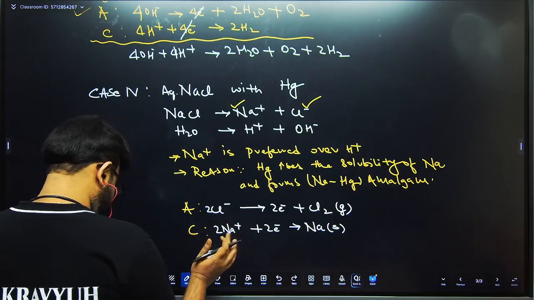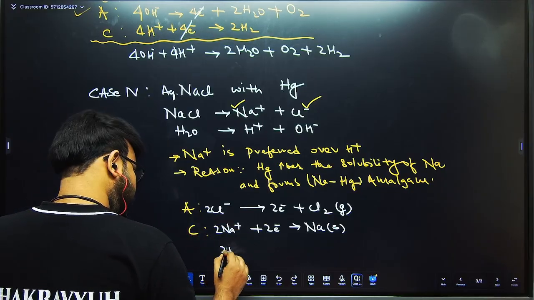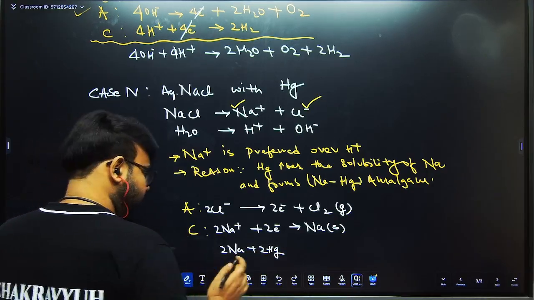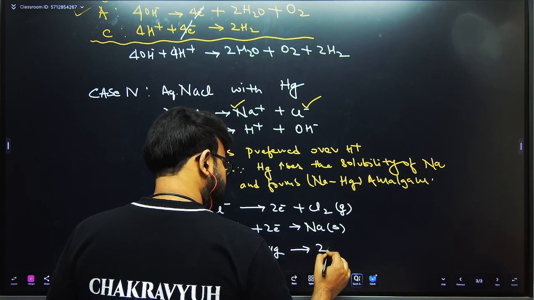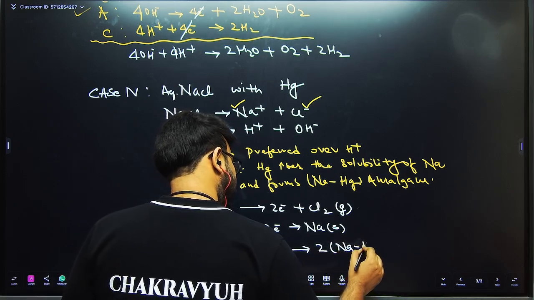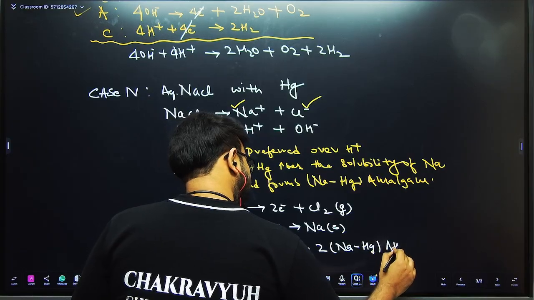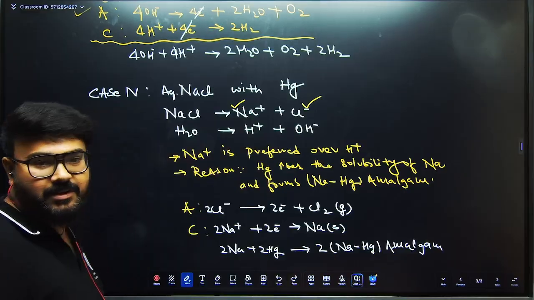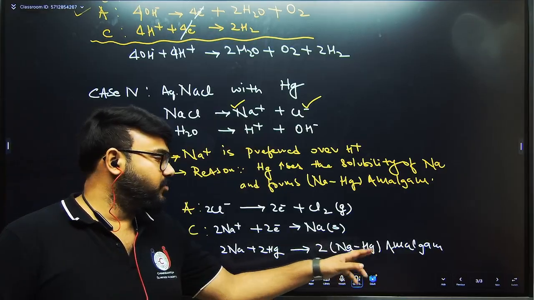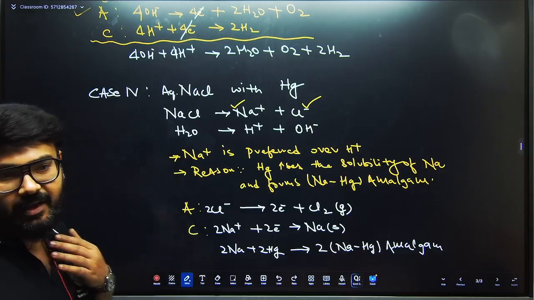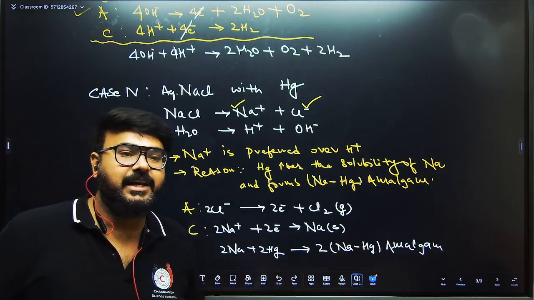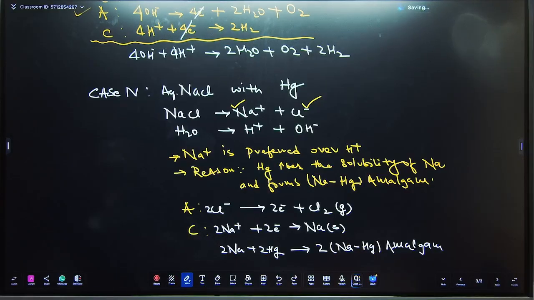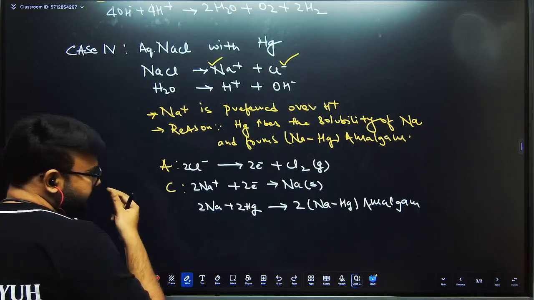So it finally produces, see, once the sodium is formed, sodium mercury forms amalgam. Mercury with any metal is called an amalgam. What do we call it? Yes, amalgam.